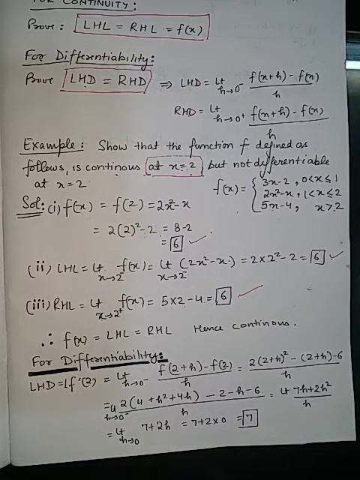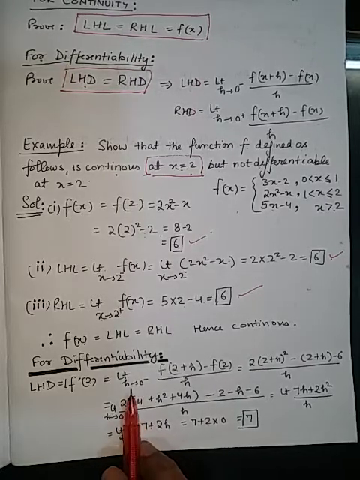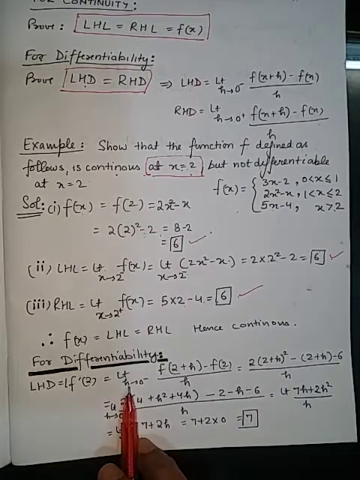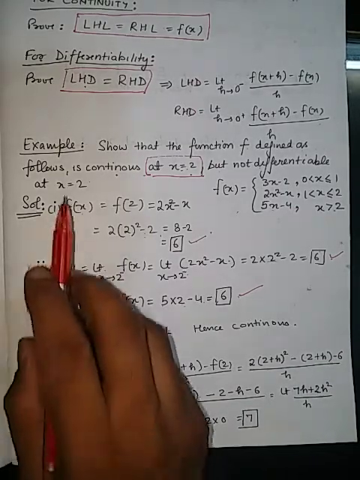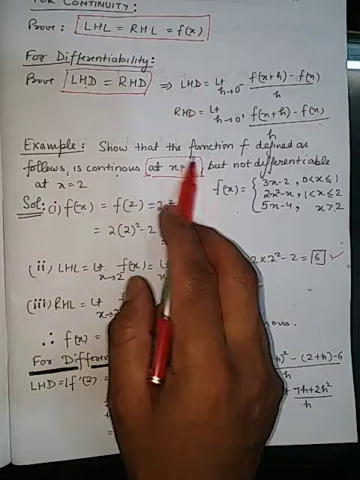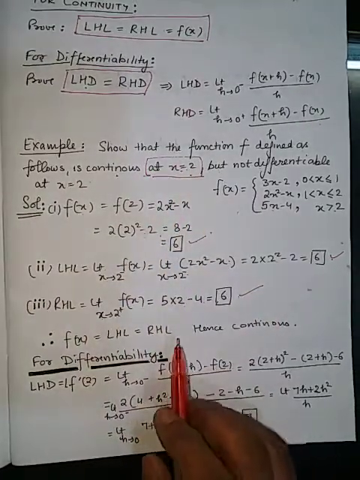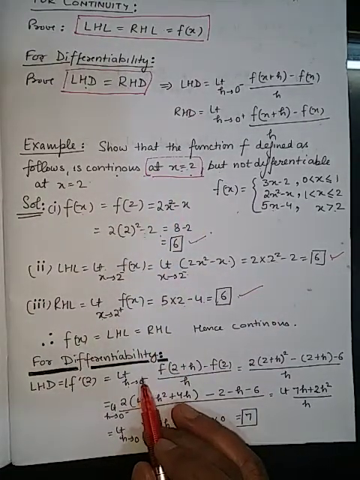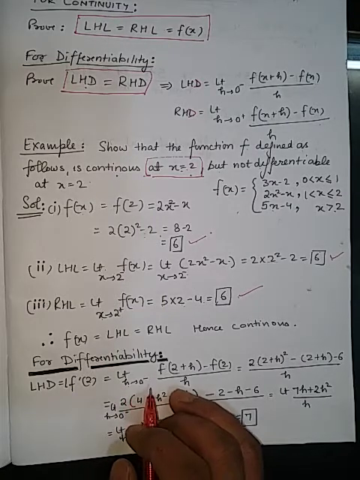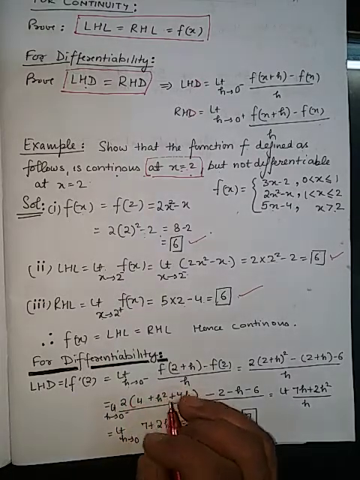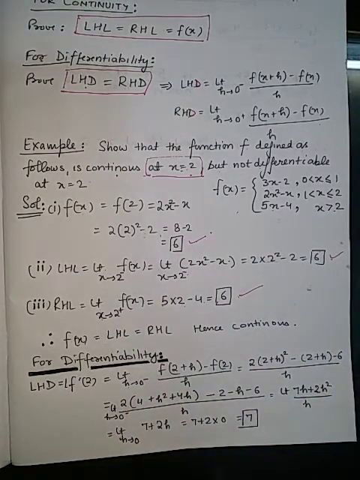So whenever we are checking the differentiability, remember that you have to take h tending to 0 plus or 0 minus, because whatever the given value is, you have to check it at this particular place. So always you have to check h tending to 0 plus or minus, because h is that minimum value which you have discussed in the last video.